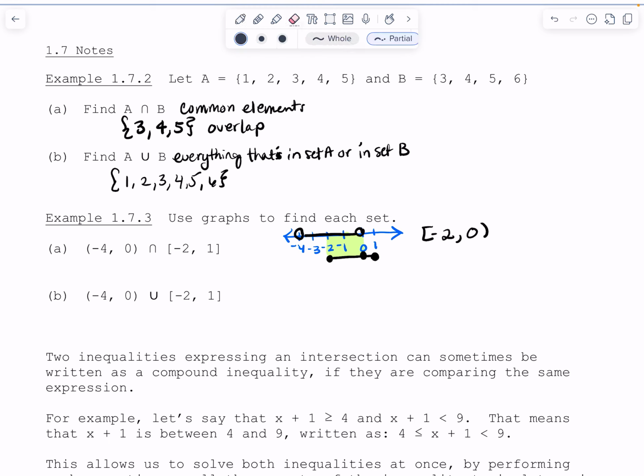So let me fix my mistake. That should be a square bracket. And again, the reason why is because the bottom one will supersede it because that 0 was included in the bottom one. Okay, so negative 2 to 0 is the overlap. So now let's look at this next one. We have negative 4 comma 0 union negative 2 comma 1. Okay, so let me do this number line again.